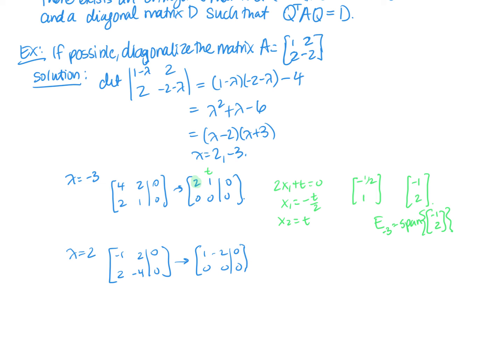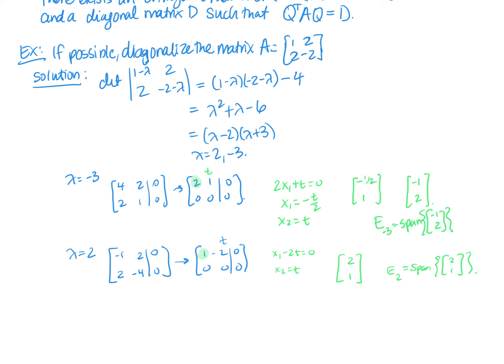Again my pivot is there, and this is my t, and then I get x1 minus 2t equals 0, and x2 equals t. So we'll get the vector 2, 1 as our other eigenvector. E2 is equal to the span of 2, 1.